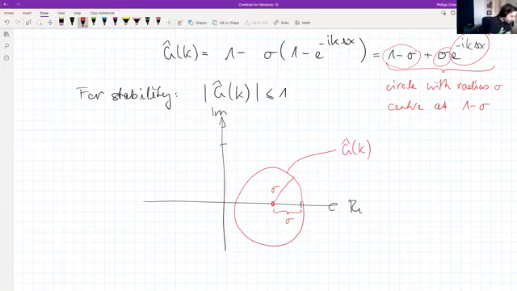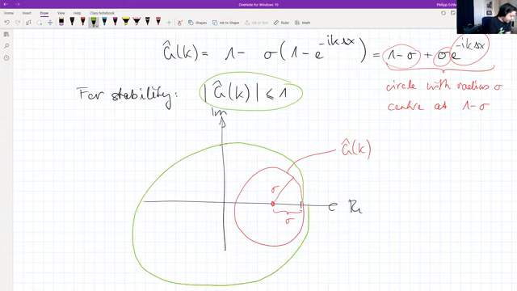Now stability, if I now use green, the limit for stability is what I now indicated with green. So that is that g hat of k needs to be lower equal 1. So you can kind of indicate this in this plot. This would be okay, that's not a very nice circle.